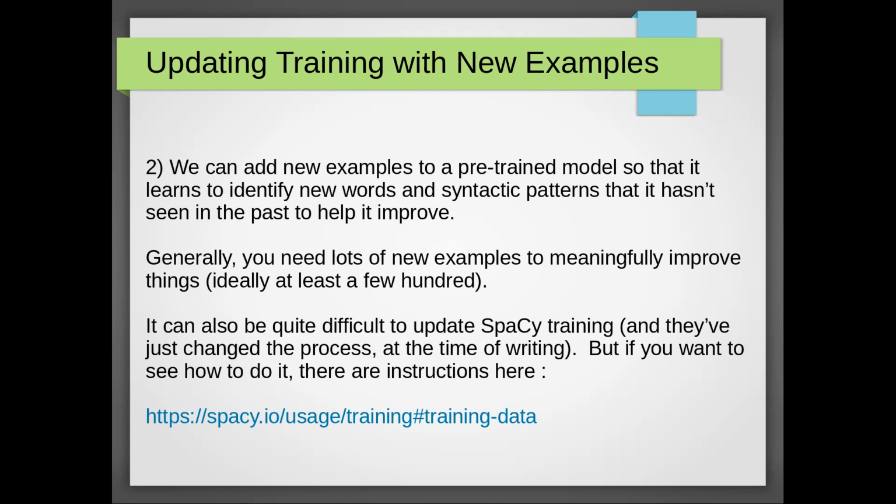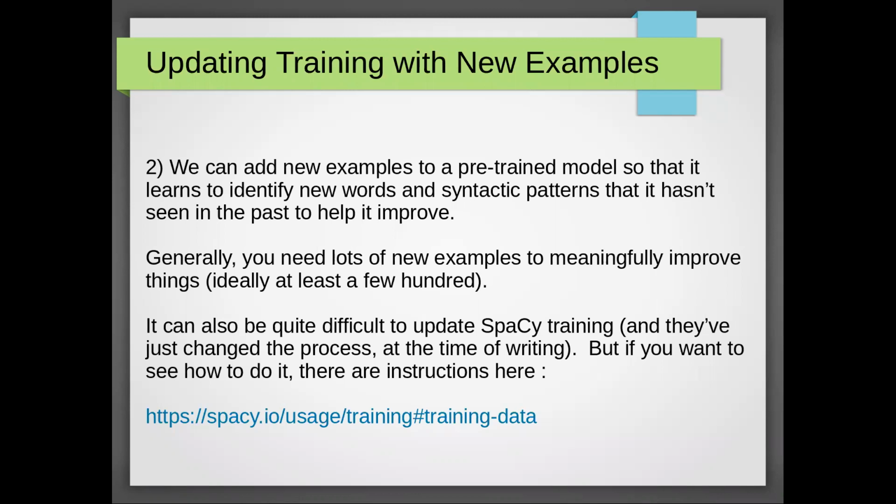You grab a pre-trained model, which is just an advanced version of the stuff you've been doing when you're building your neural networks in the machine learning module. It's just one of those that's been pre-trained. What you can do is use one of those, and then say, actually, I like this model. I think it's very good for my stuff, but there's a few extra words that I think it's not picking up on. So I can try and get it to learn those extra named entities.